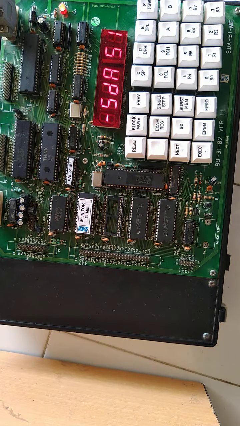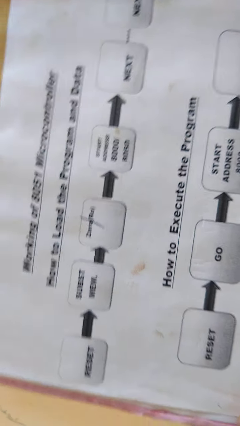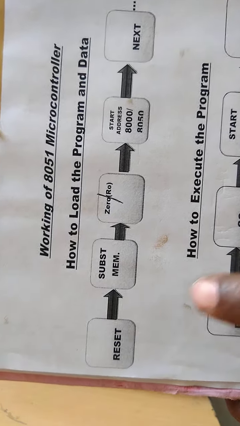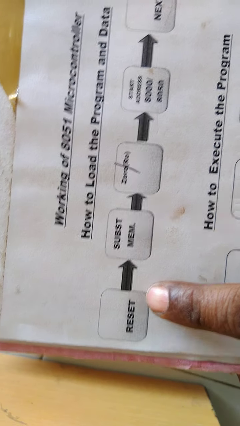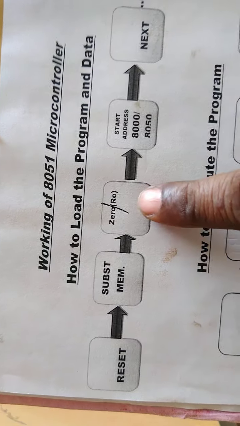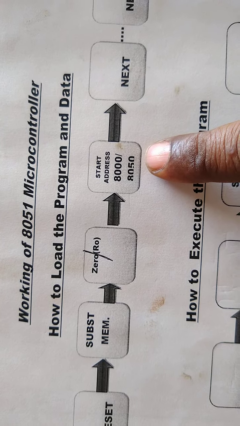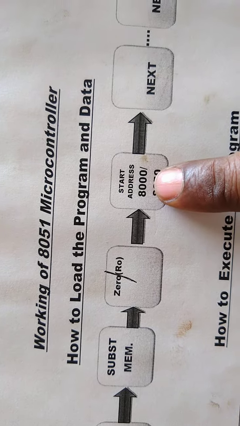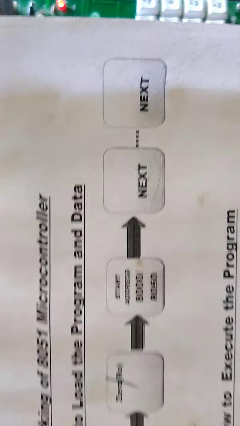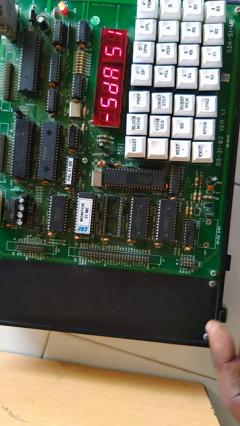The procedure to load the program and data into the controller is: reset button, substitute button, then R0 button, which is a common button, then the starting address of the RAM, in our case it is 8000, then go on pressing next to feed the next data.